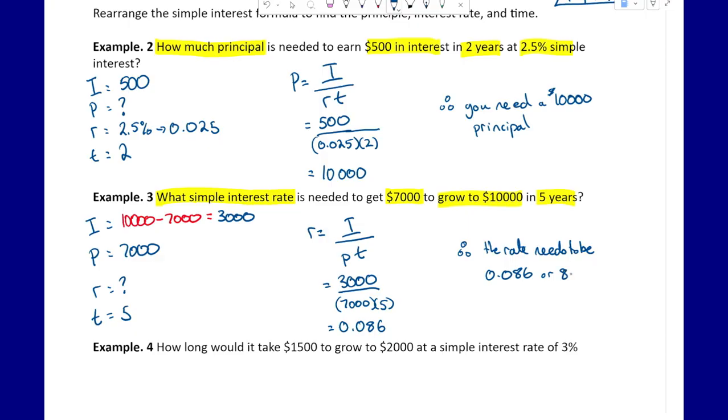We need it to be 8.6%. Remember, when you're calculating the rate, you get your answer as a decimal, but we want to turn it into a percent because we're asking for what the rate is.